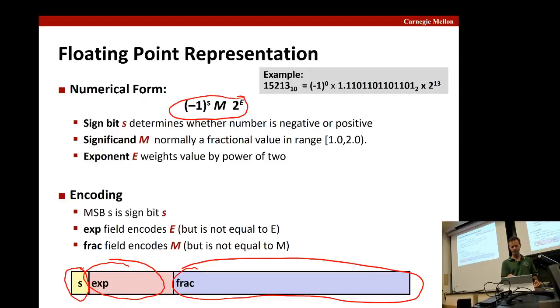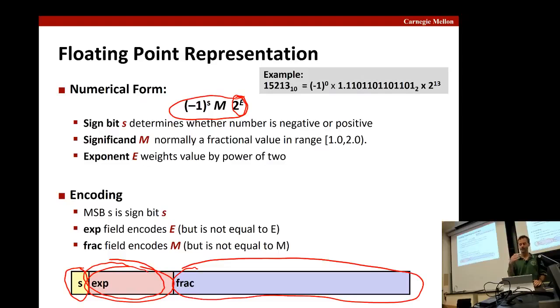Now, what's interesting is that this exponent, which represents the power you want to raise the 2 to, is not exactly what goes in these bits here, and we'll see why in a few slides. Instead it's some encoding of the exponent, and there's a way of translating from these bits to the intended exponent.